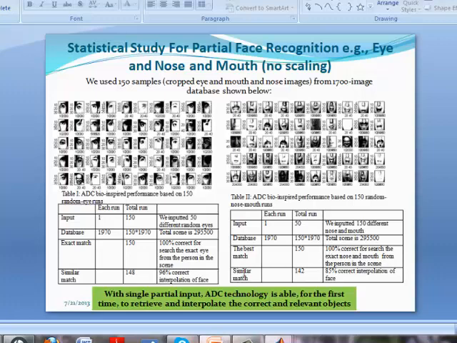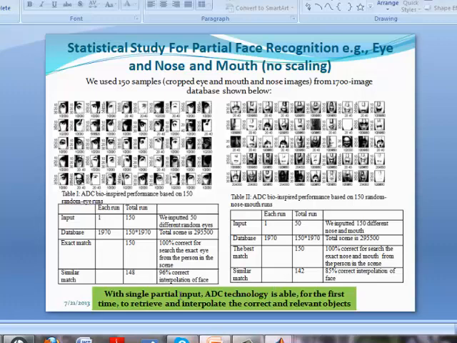But the similar match is only 85% correct. Maybe my conclusion on why there is some kind of discrepancy, we still don't know. But I believe based on this study, our partial face recognition is very reliable, very robust.